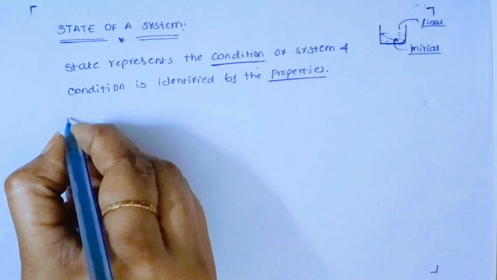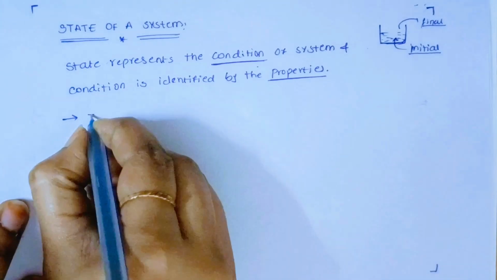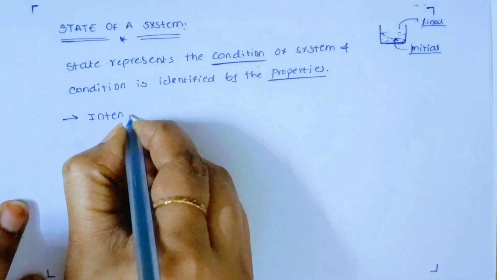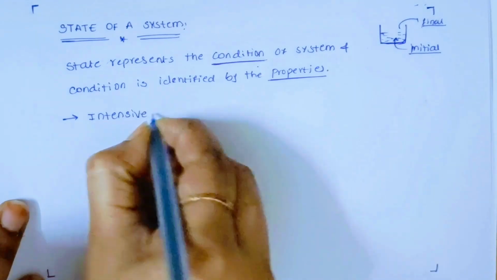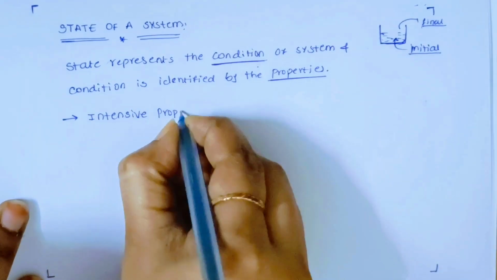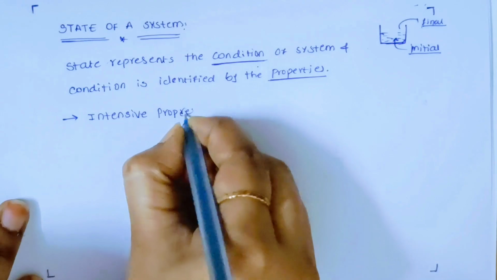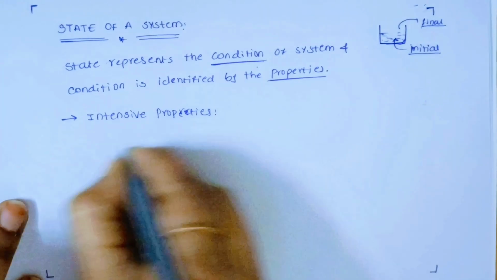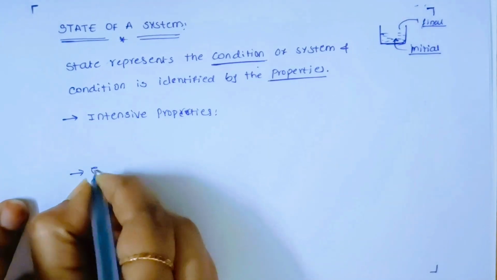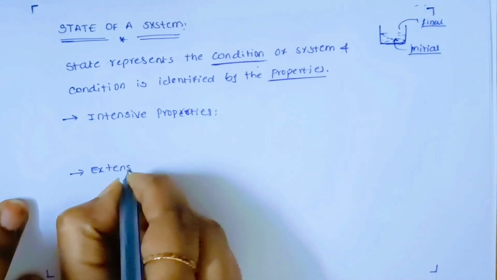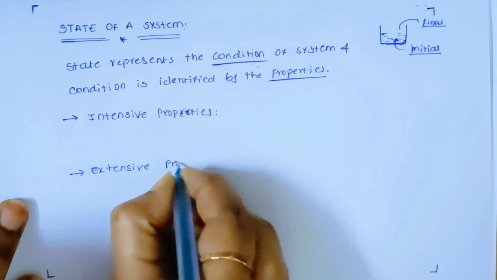There are two types of properties. One is intensive properties, and another one is extensive properties.